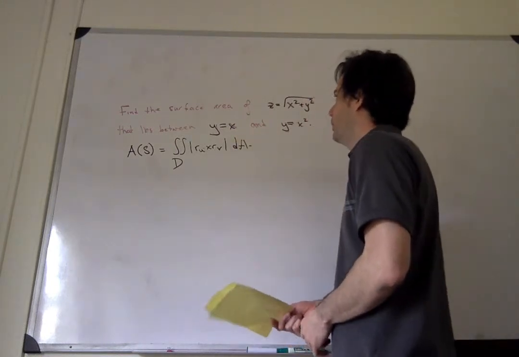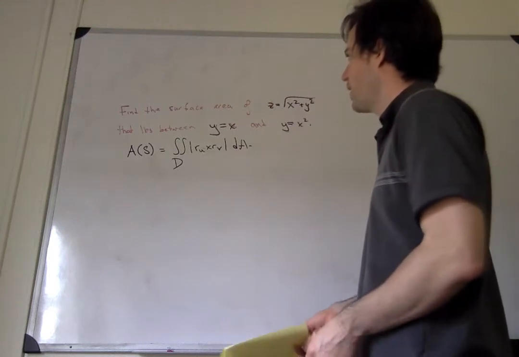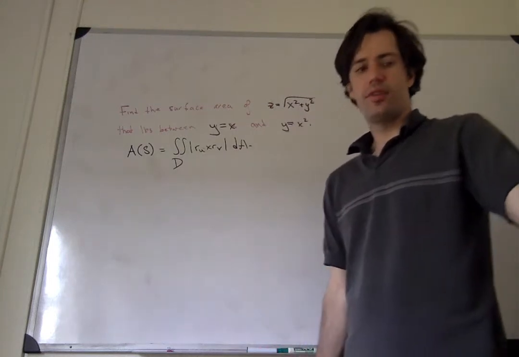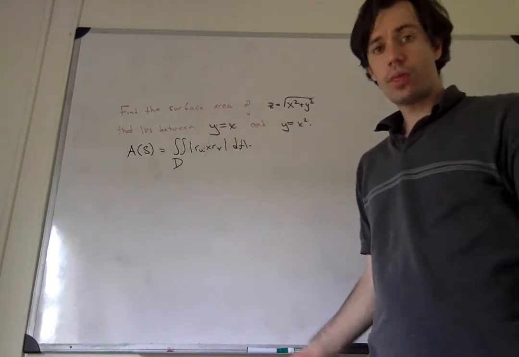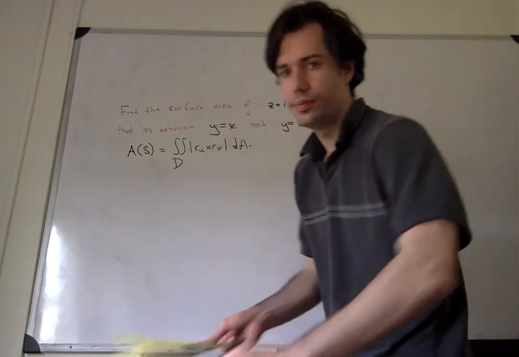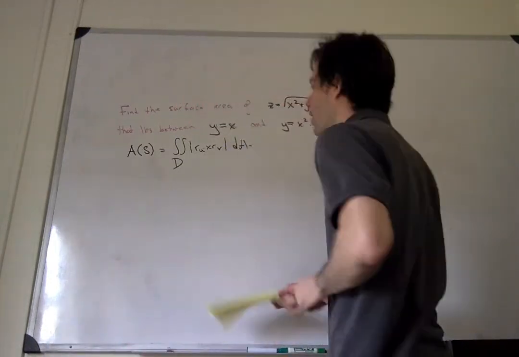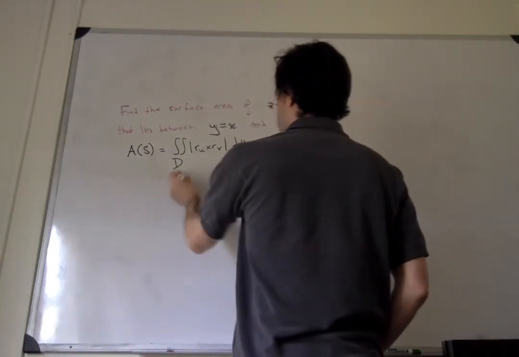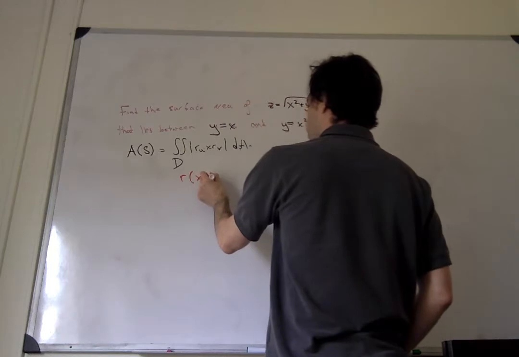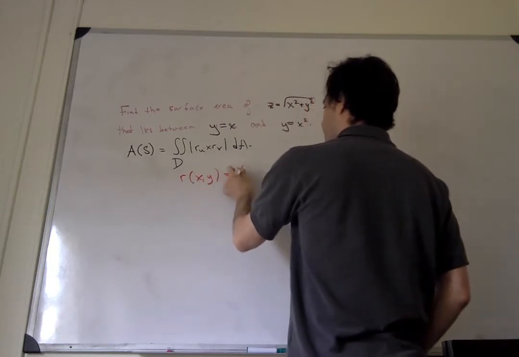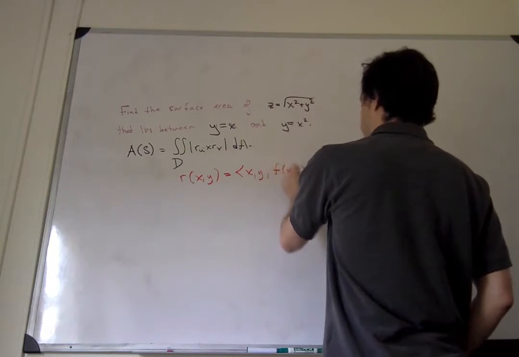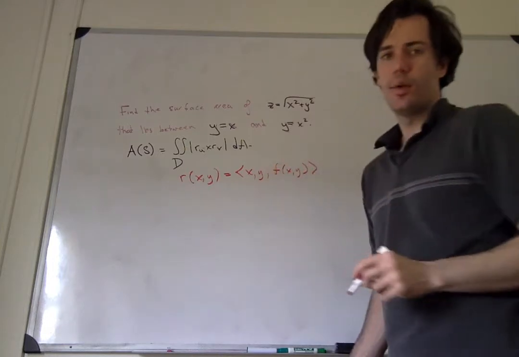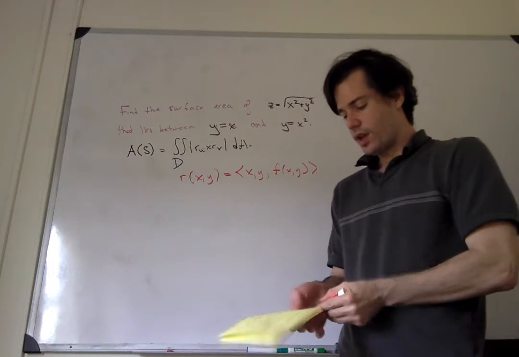This is our formula, but what is a parameterization that works? What about the obvious one? The obvious parameterization is R(x,y) equals (x, y, f(x,y)). We discussed this in the previous video.